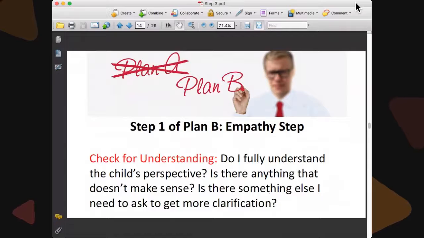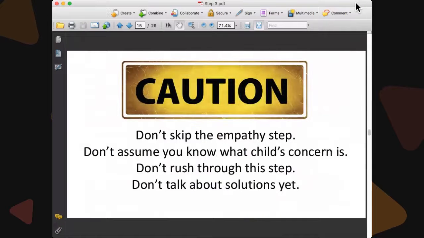When you're going through and clarifying questions, you really want to check yourself and say, do I fully understand what my child's perspective is? Is there anything that doesn't make sense and maybe you need to ask for some more clarification? You really want to take your time with each of these steps.